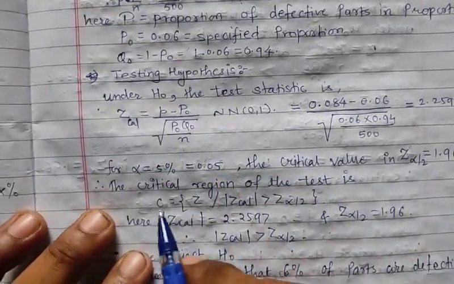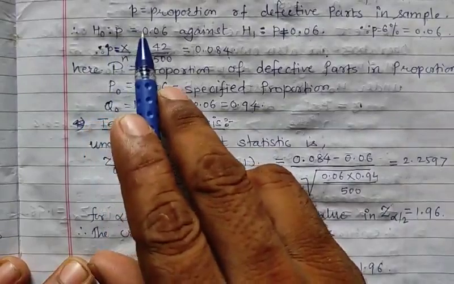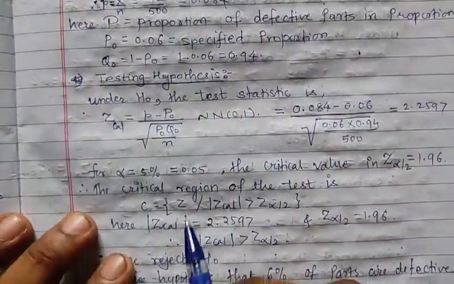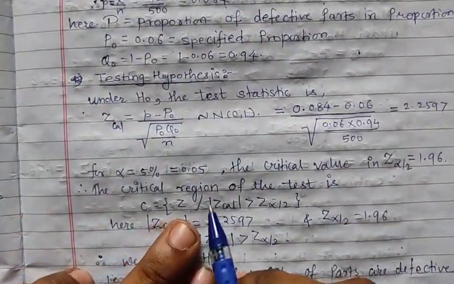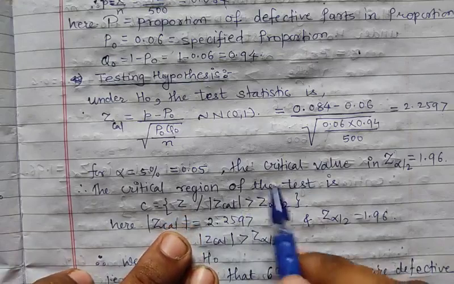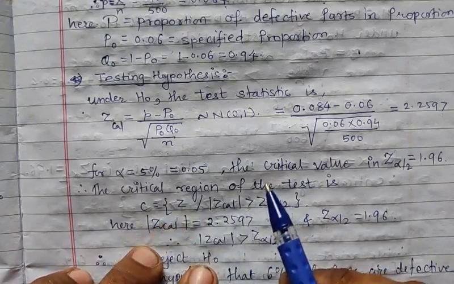The critical region for H0: P is equal to P naught against H1: P is not equal to P naught is Z such that mod of Z calculation is greater than Z alpha by 2. If this condition is satisfied, then we reject H0, otherwise we accept H0.